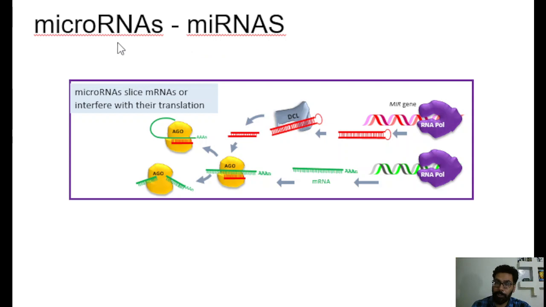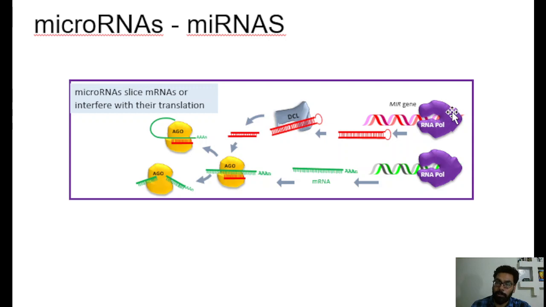These are small RNAs that are produced by the endogenous genes of the host, and they perform a similar action to what we already saw for small interfering RNA, siRNA.